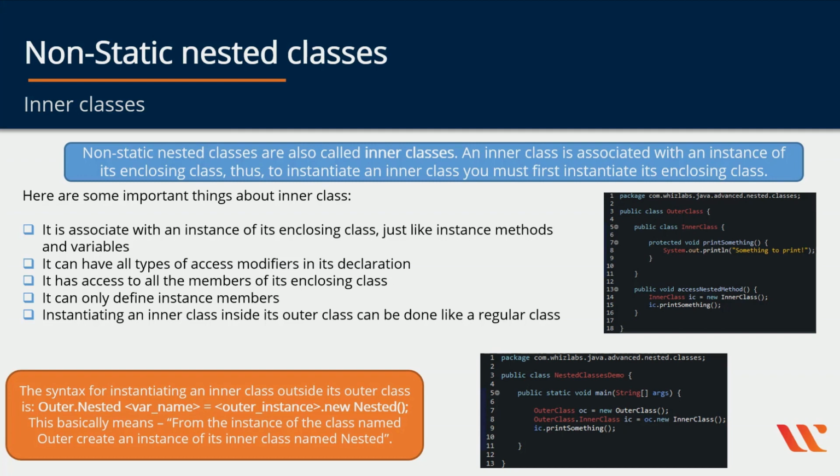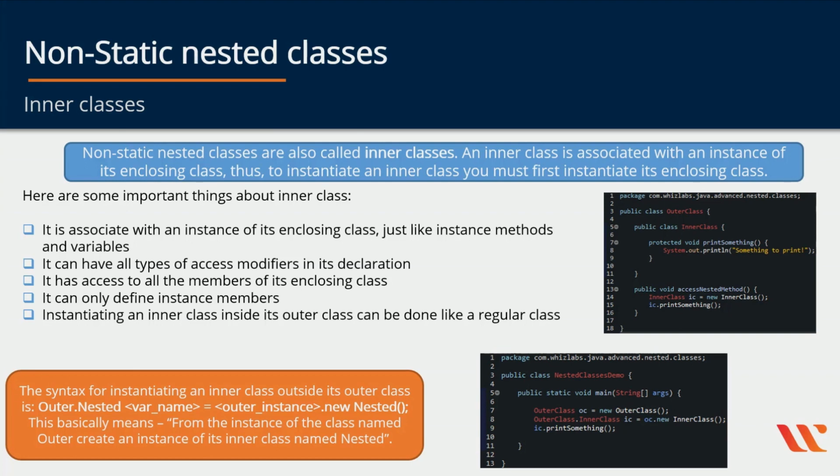It can only define instance members. That's just a rule. There are many debates whether this is logical or not. The general opinion is that there isn't any good reason to support static members inside an inner class, but also there isn't any good reason not to support it. So, again, it is what it is.